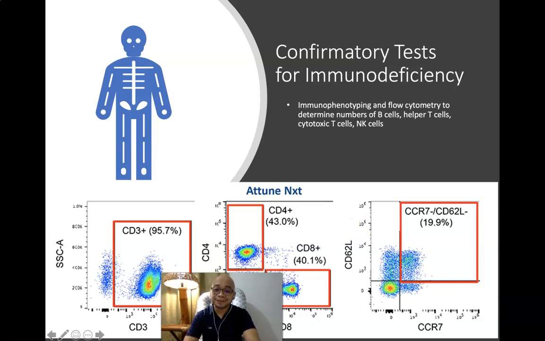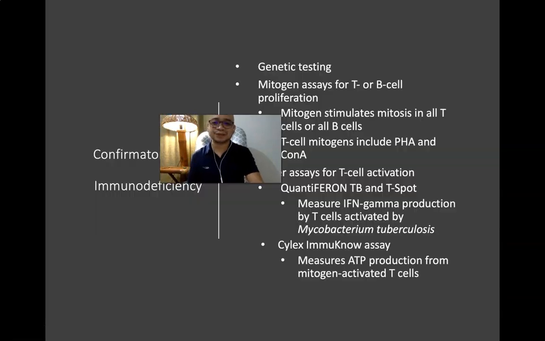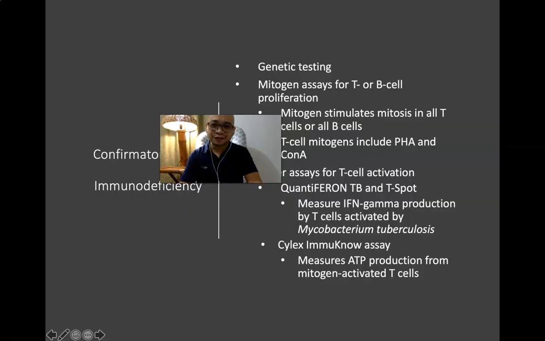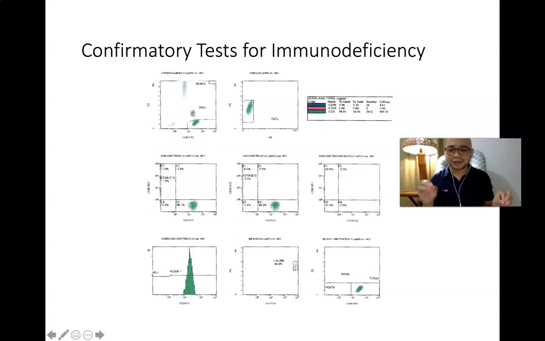Okay, to confirm, we'll be using more sophisticated assays such as immunophenotyping and flow cytometry to determine the number of B cells, helper T cells, cytotoxic T cells, and natural killer cells. So we can do flow cytometry, for example, which will do the particular immunophenotyping, wherein we will gate the cell of interest and then let the machine analyze it.